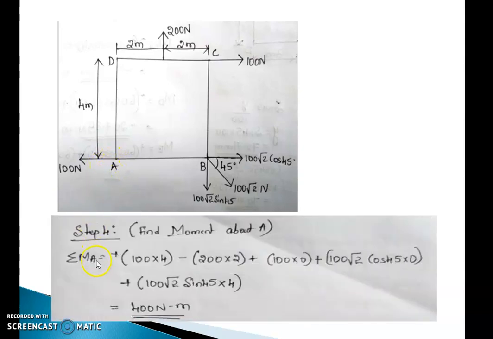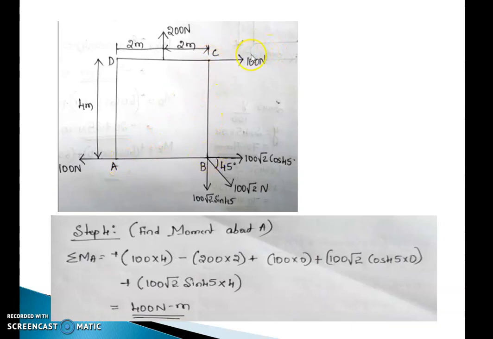So the moment about A equation works out to be, we'll go step by step. I will start developing the moment about A equation from here. The 100 Newton is nothing but a purely horizontal force. When the force is horizontal, take the perpendicular vertical difference between A and C, which is 4 meter.